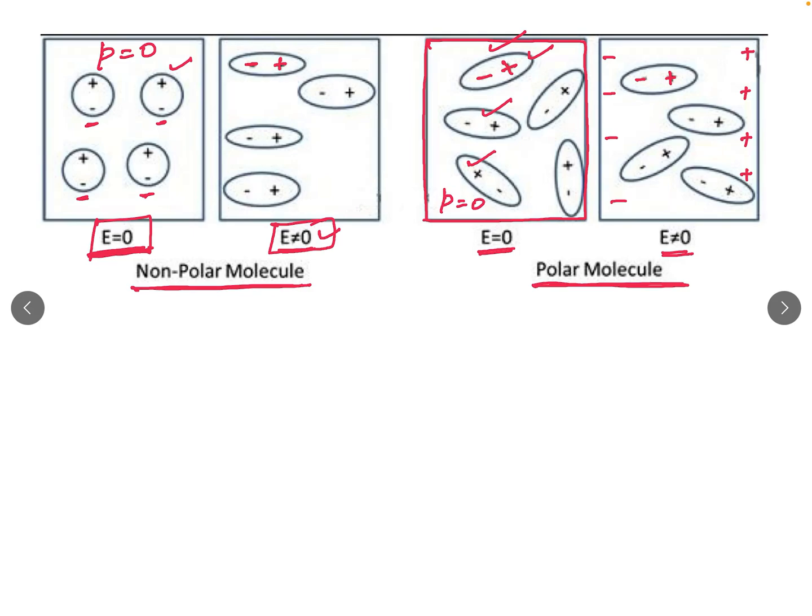As temperature increases, their orientation will be disturbed. So it depends upon the applied electric field as well as on the temperature. So what is the similarity between these two? When electric field is applied, dipole moment is there in non-polar molecules, and in polar molecules as well, when electric field is applied, dipole moment is there.